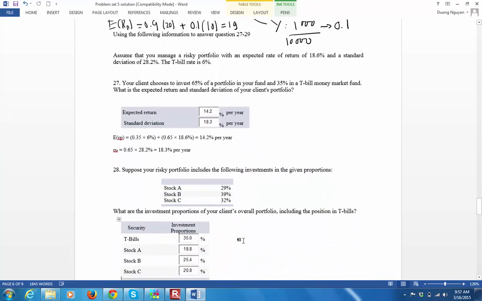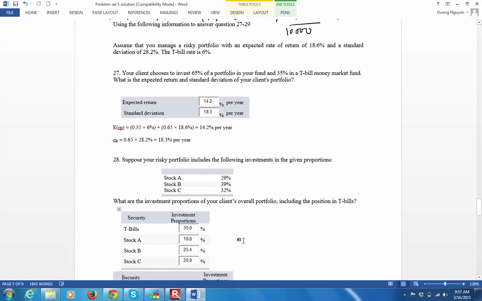Now number 27 to number 29, assume that you manage a risky portfolio with an expected return of 18.6 and standard deviation of 28.2.